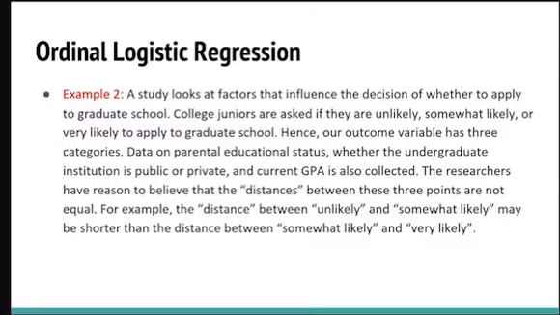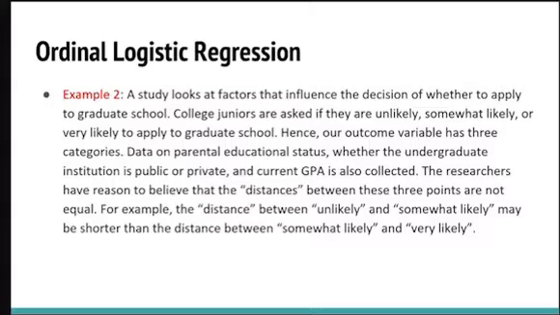Another example is a study to look at factors that influence the decision of whether to apply to graduate school. College juniors are asked if they are unlikely, somewhat likely, or very likely to apply to graduate school. Those are ordered. Hence, our outcome variable has 3 categories, but these 3 categories are ordered.